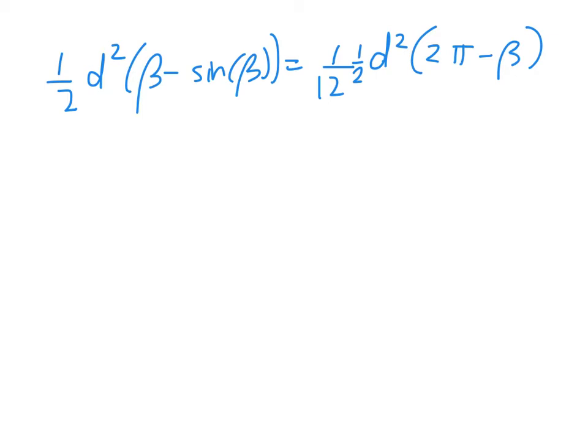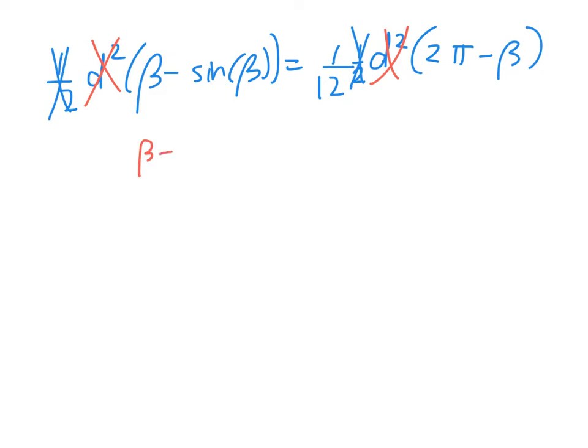I'm going to divide through by a common factor. So we can get rid of the 1/2 on both sides, dividing through by that. And I'm also going to divide through by d squared. Now, sometimes when dividing through by things, you've got to be really careful that you're not accidentally dividing through by 0. But we're safe in this case because we know that d is the radius, and we can't have a radius of 0, or else we just have a point and not a circle.